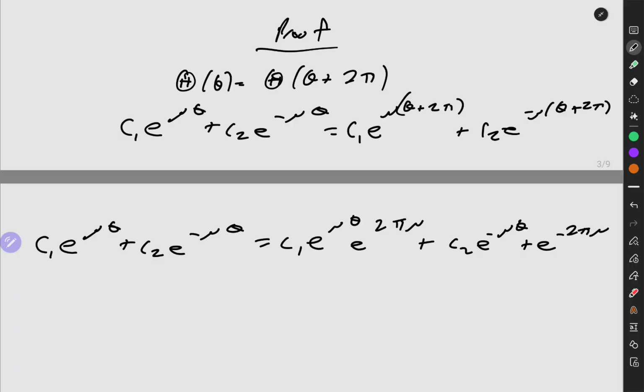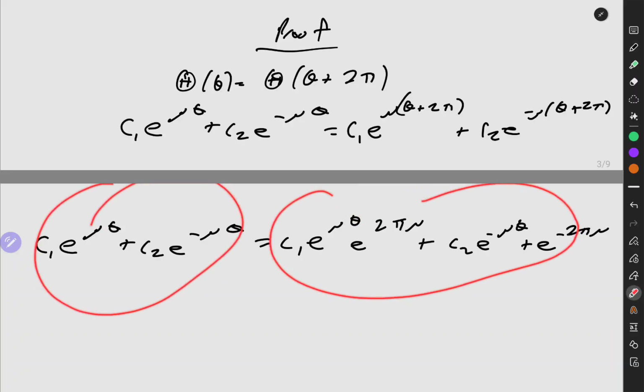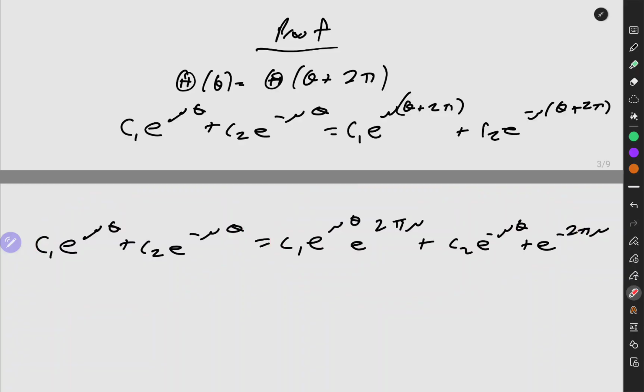So now let's take a look. What would make this equal this? Let's take a look. What terms do we want? We want this term, and we want this term.